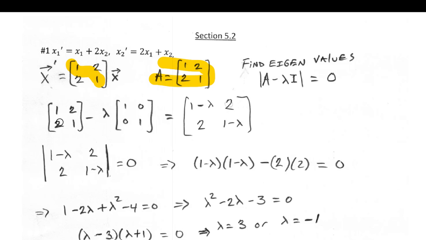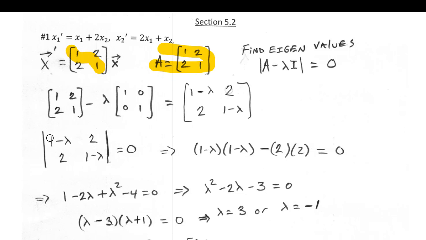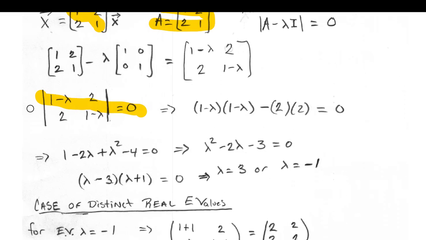When I simplify that, I get 1 minus lambda, 2, 2, 1 minus lambda. Now I find the determinant of that resulting matrix and set it equal to 0. When I do that, I get 1 minus lambda times 1 minus lambda minus 2 times 2, and I set that equal to 0.